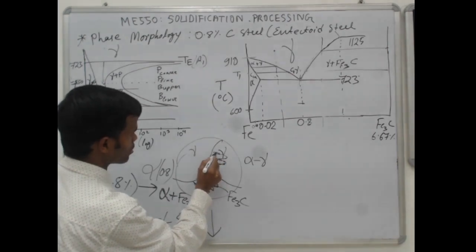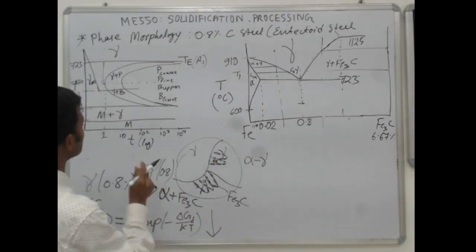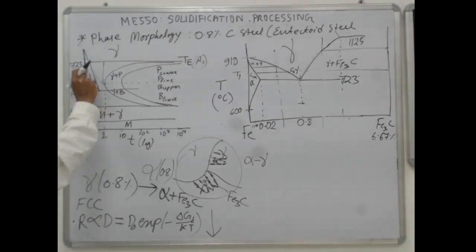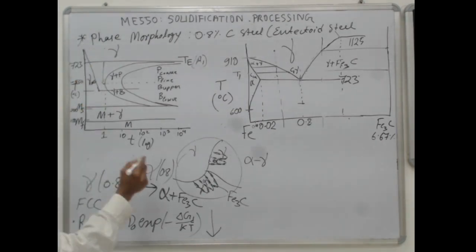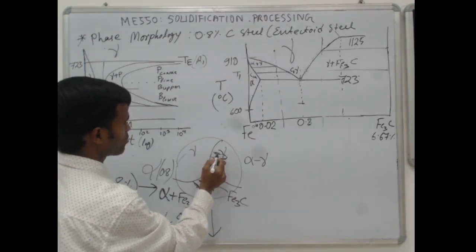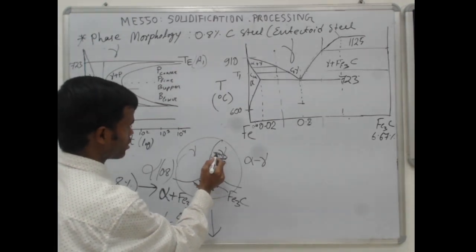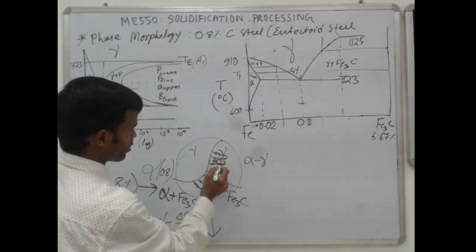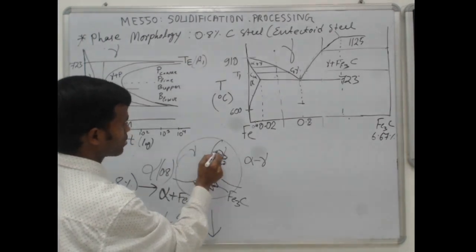or acicular structure. So here you see the temperature is less, the transformation temperature is less, so the carbon is diffusing but not much, it is diffusing a very short distance from the alpha phase which is nucleated to the boundary of the alpha and austenite phase.